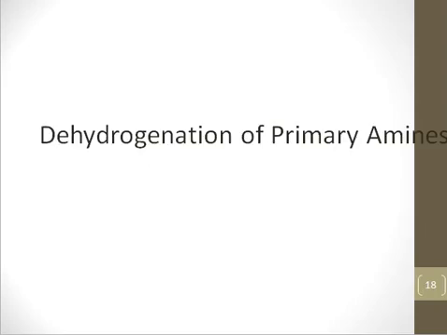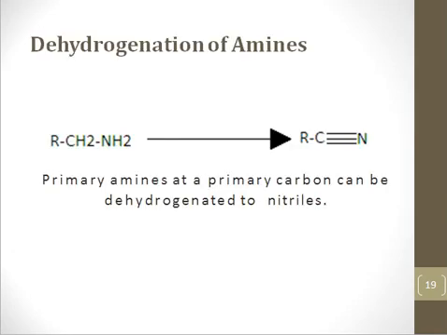Next we'll consider how we can cause the dehydrogenation of primary amines, right? What's different about primary, secondary, and tertiary amines from the rest of the functional groups is this: a primary amine is an amine in which nitrogen is attached to just one group.